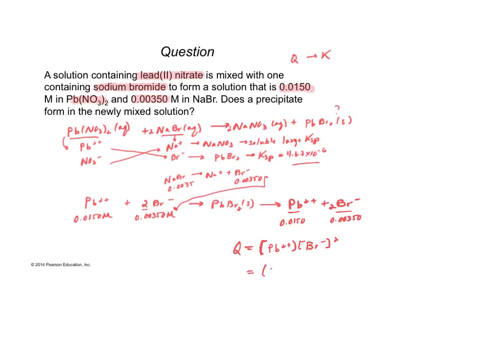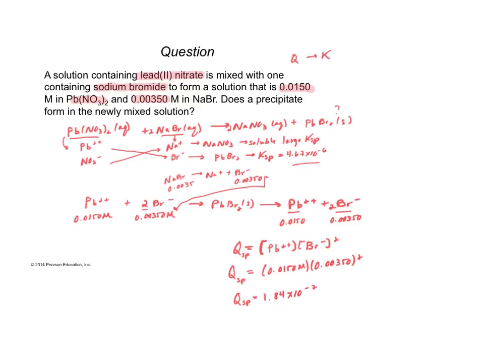So when I plug these guys in, I get 0.015 times 0.0035 squared. And this is QSP. And when I do that, I get a number that is 1.84 times 10 to the minus 7th.